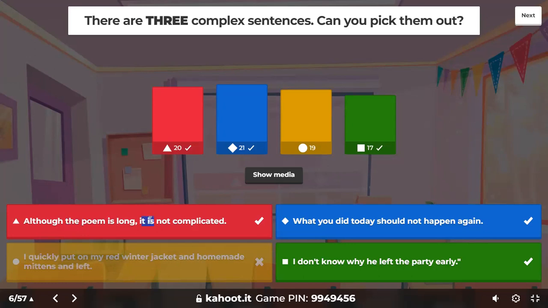So in a complex sentence, you must have at least two clauses. And these two clauses must be joined by a subordinating conjunction. So that's what we call a connector. This is what you call a complex sentence. Now, a compound sentence is a sentence that is made up of two independent clauses. Independent means they can stand alone, and they must be joined by a coordinating conjunction.